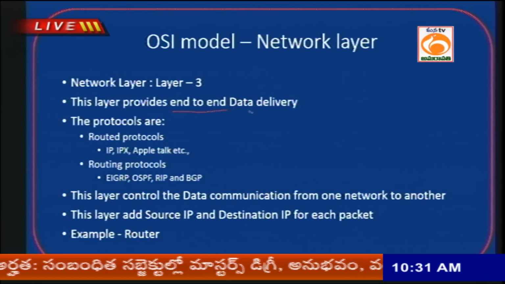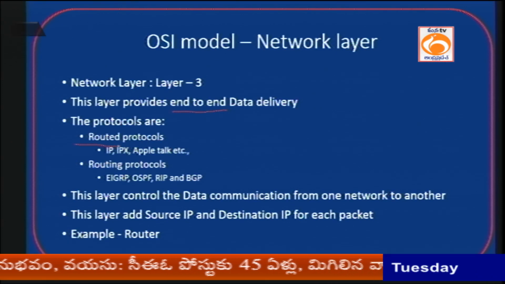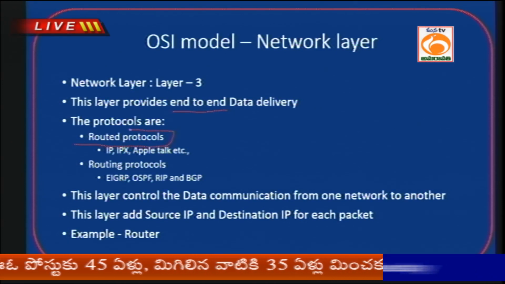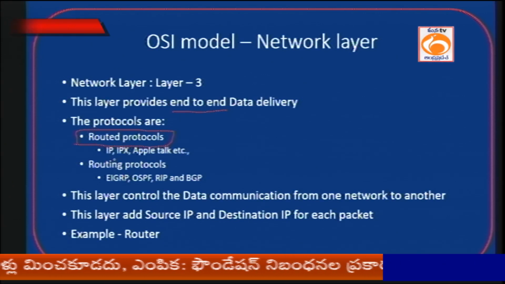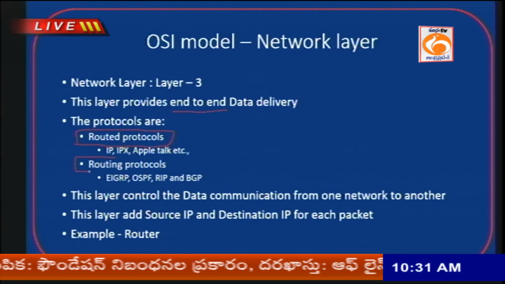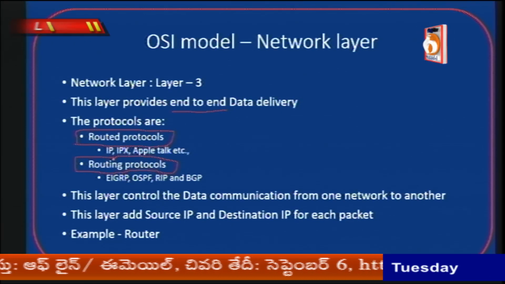Data delivery on the network layer is possible through two different kinds of protocols: routed protocols, which are called the data carriers, and routing protocols. The routing protocols are the ones which show the path for the packet to reach the destination.